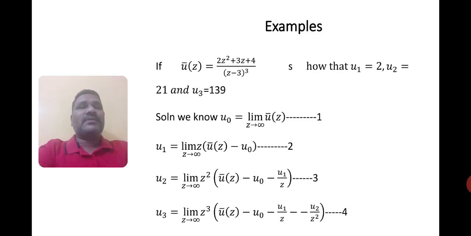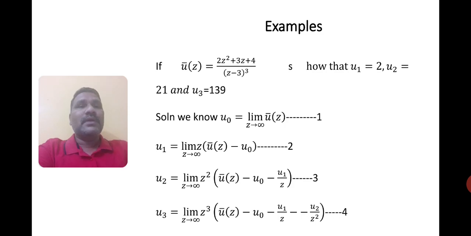ū(z) is equal to (2z² + 3z + 4) over (z − 3)³. Show that u1 is equal to 2, u2 is equal to 21, u3 is equal to 139; we have to show this. Anyhow, you just try to get u1. u0 they have not asked, but you have to calculate u0.